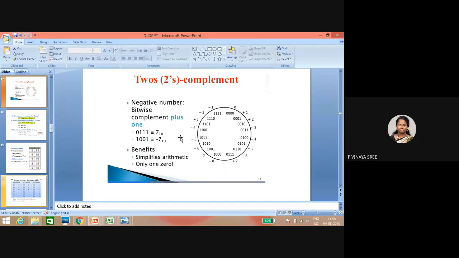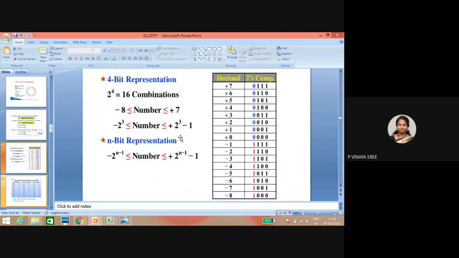Okay, so now coming to the range. So this is your range. Substitute and tell me whether you are getting minus 8. I am taking the same example for signed, ones and twos. I am considering 4-bit only. So if you are going for 4 bits, you have to get here minus 8. If you write again minus 1, what happens? Minus 7.